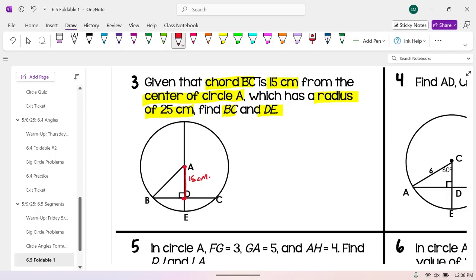Now, the radius is 25 centimeters. So where would I mark that radius as 25? What segment do I mark as 25? BA.